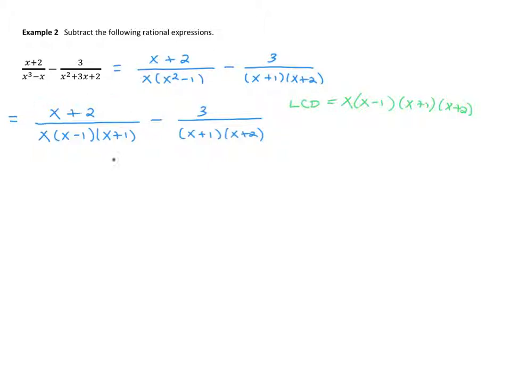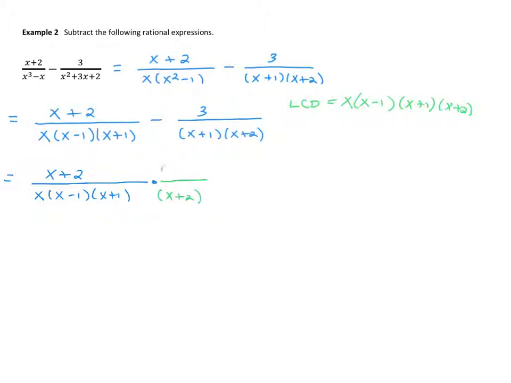I'm going to copy this part down again, leave some space where I can multiply in the necessary factors. So for the first fraction, I have x plus 2 divided by x times x minus 1 times x plus 1. Again, I want to leave a little space here and ask myself, what is missing? If I had an x plus 2, that means I could make the denominators the same.